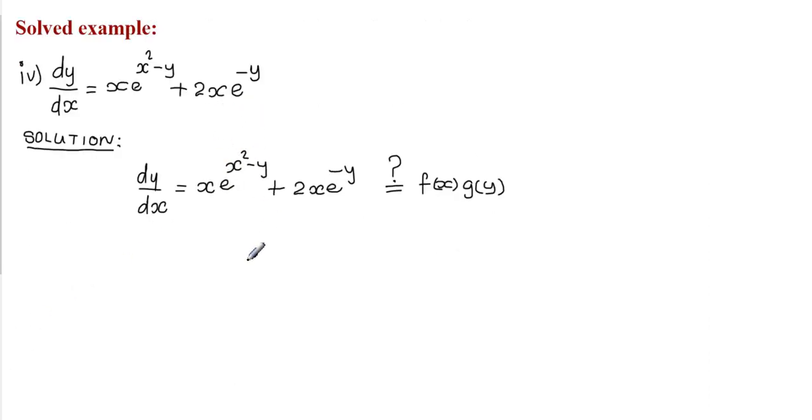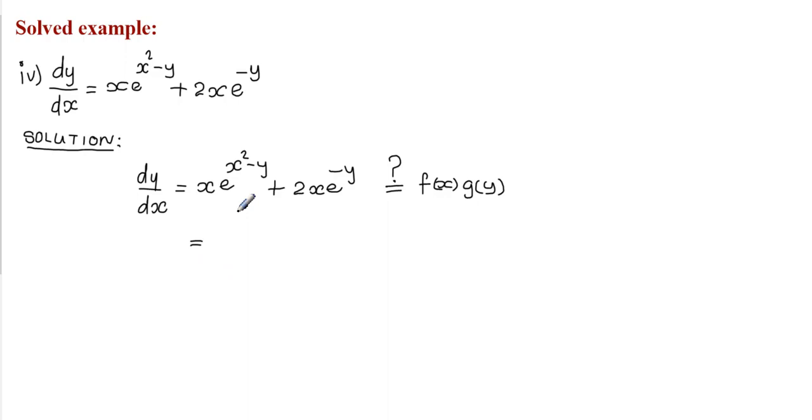There it is. Now, if we suspect that this is an equation of separable variables, we must find a way of expressing this expression of x and y in factorized form, one factor being a function of x and the other being a function of y. So this is what we're going to do.